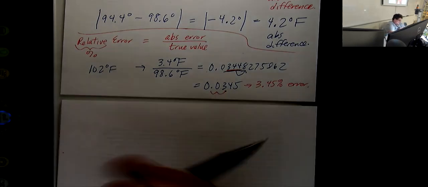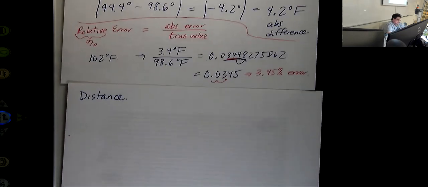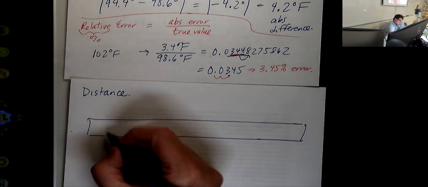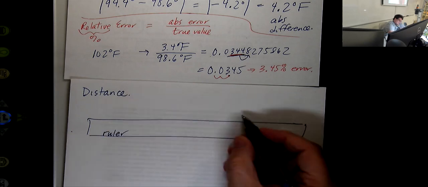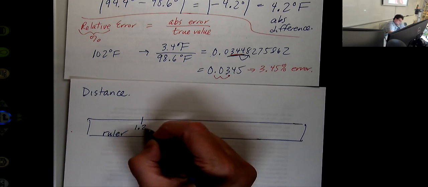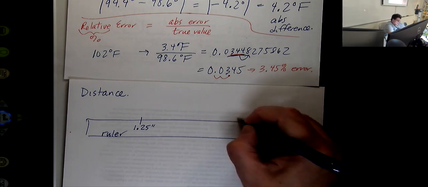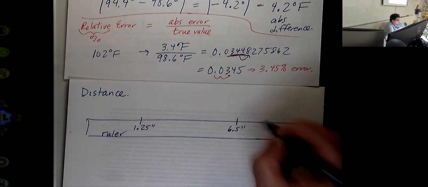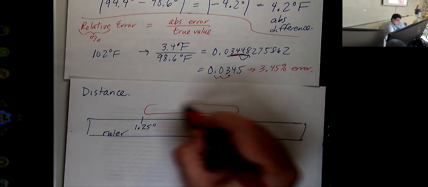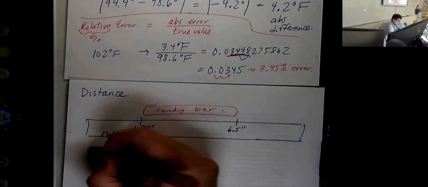The last thing we talk about is distance and midpoint. So let's say you've got a ruler. This is my ruler. And I've got something here at the 1.25 inches mark, and over here I have something at the 6.5 inches mark. Maybe it's a candy bar or something like that. How long is this candy bar?